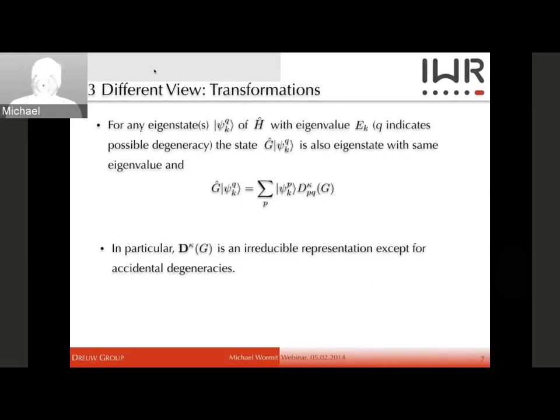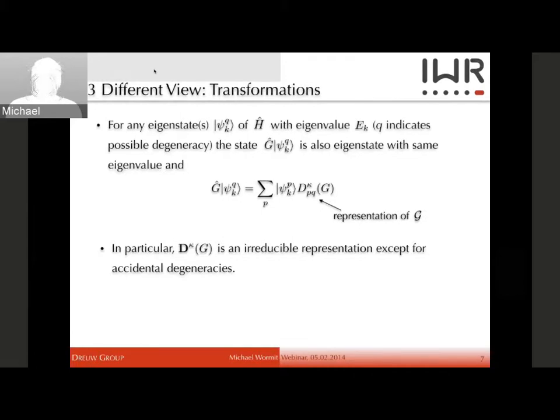And now what you can do is write down G applied to psi k as a linear combination of other psi k with the same eigenvalue.